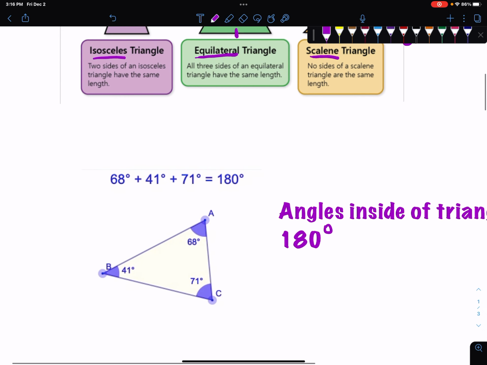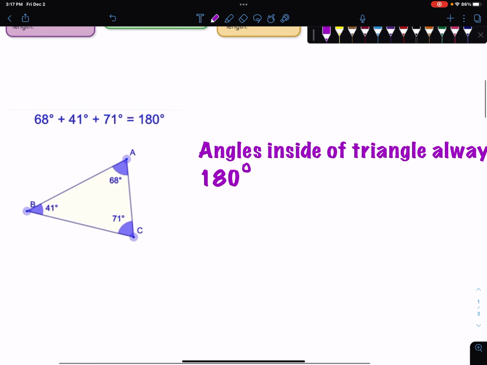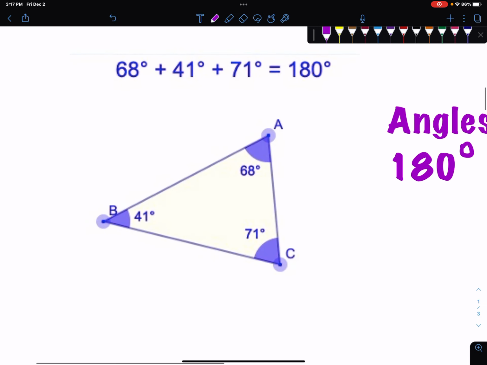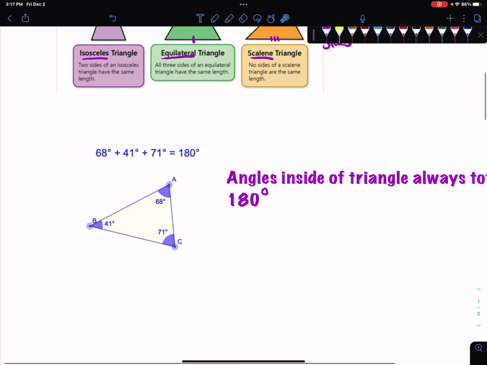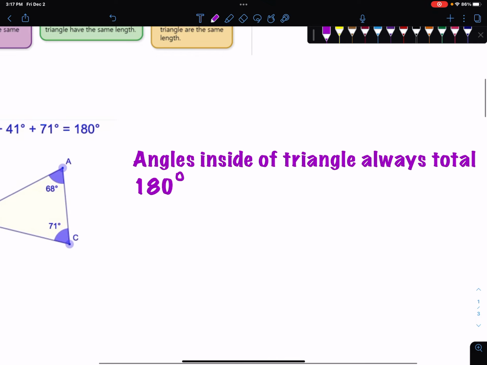Okay, the other piece that we need to talk about is the angles inside. I marked the angles inside of this triangle right here with blue. You'll see these three angles are what I'm talking about. Angles inside of a triangle always total up to 180, always. It can't be bigger, it can't be smaller, it has to be exactly 180.